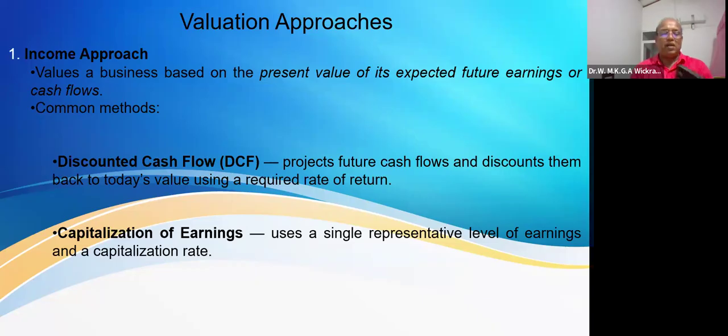So 500,000 divided by 0.2 means your business value is 2.5 million. Just divide it and see.